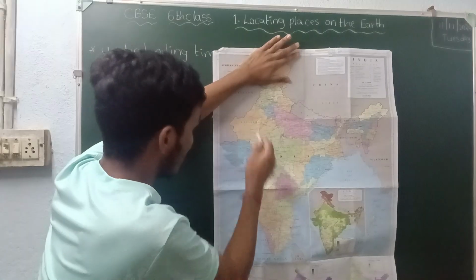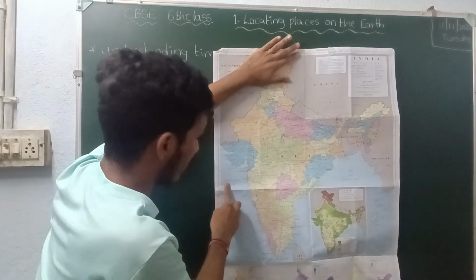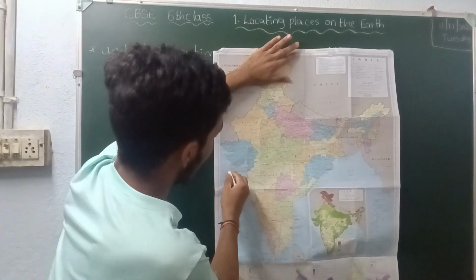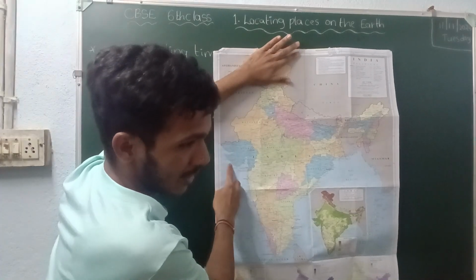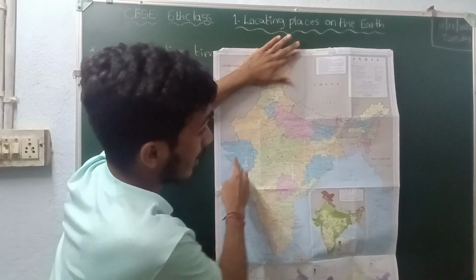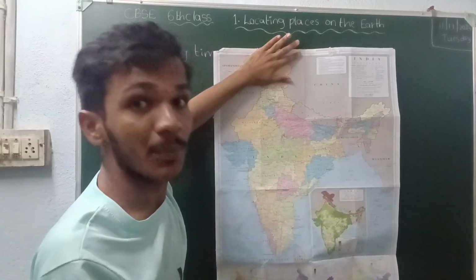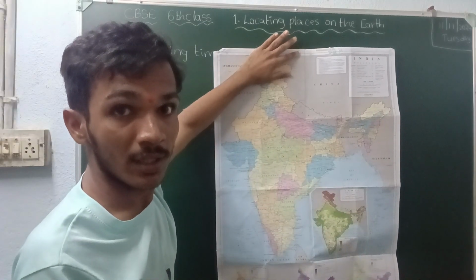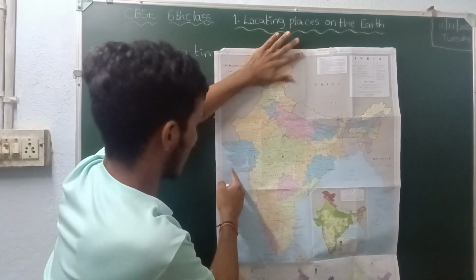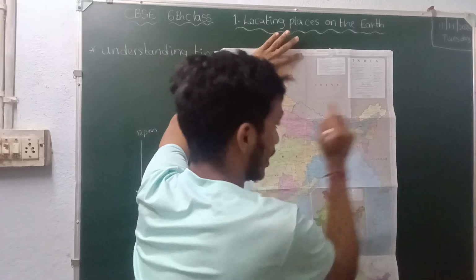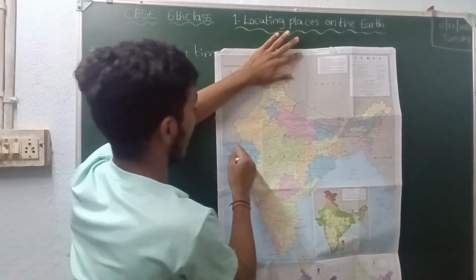So, if the time in Gujarat is, for suppose, 1 p.m., here the time will be 3 p.m. If you have any doubts, comment me. If here the time is 1 p.m., here the time will be 3 p.m. So that is the difference.